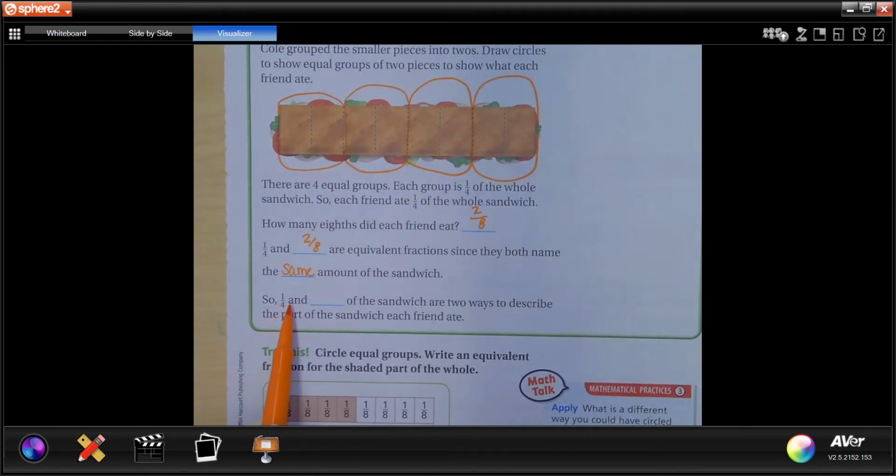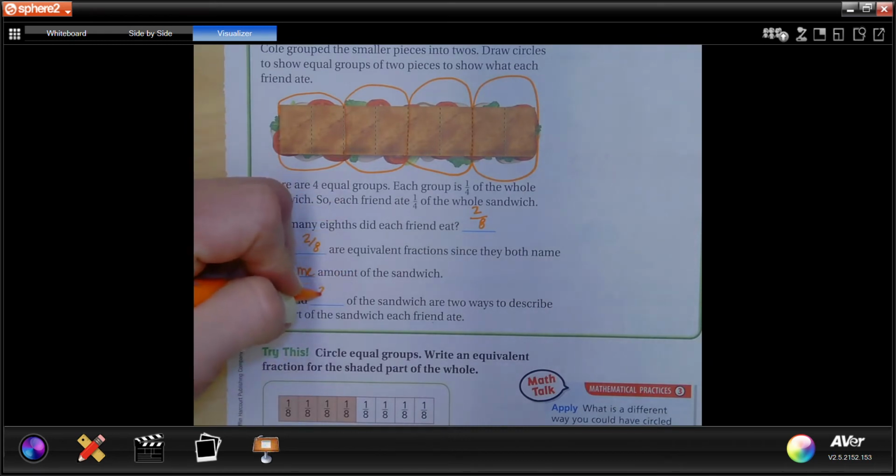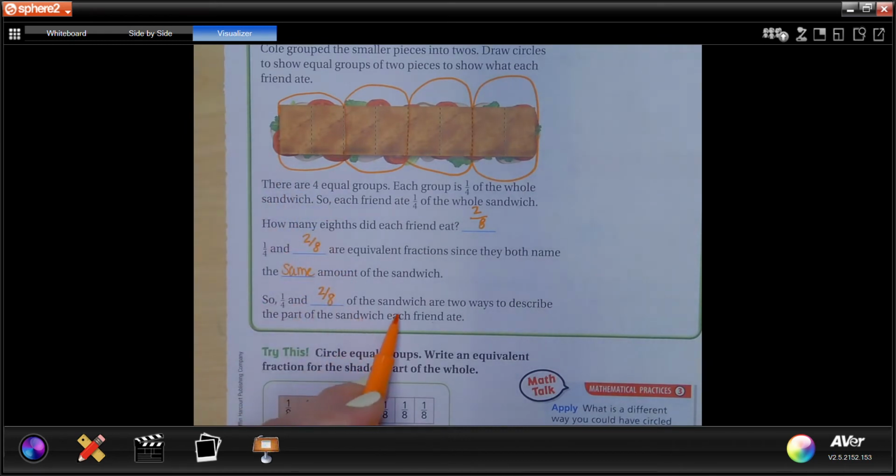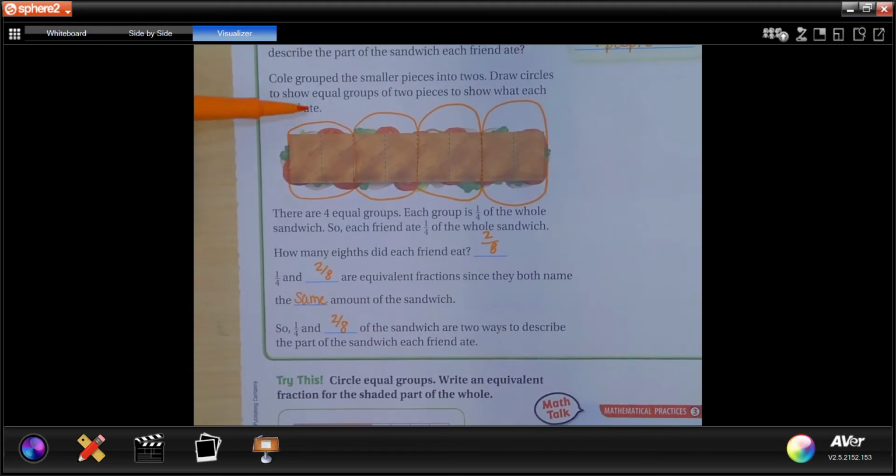So 1/4 and 2 eighths of the sandwich are 2 ways to describe the part of the sandwich each friend ate. Okay, so each friend ate 1 out of 4 groups or 2 out of all 8 pieces.